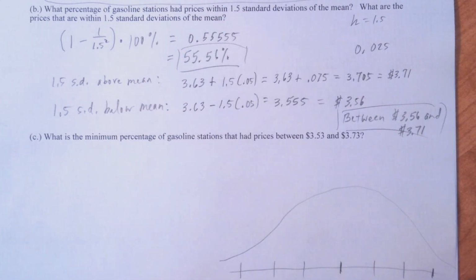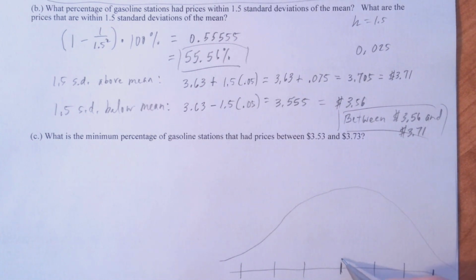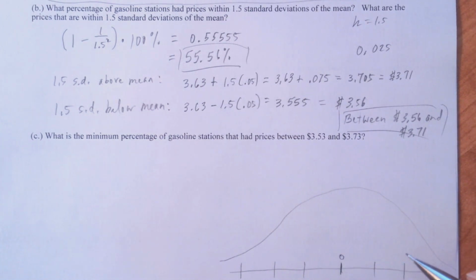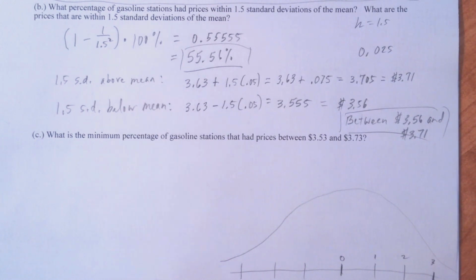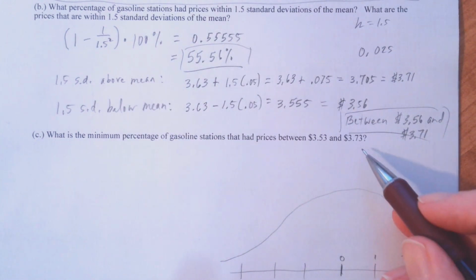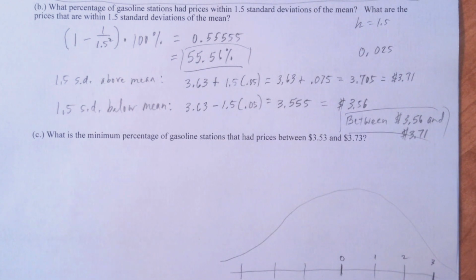So if we add 5 cents, we'll get 3.68. So this is basically at 0 standard deviations. This is 1, 2, and 3. So we'll add another 5 cents. We're at 3.73. And you can see that we got that one there. Let's go the other direction. If we subtract 5 cents, we get 3.58. And subtract 5 cents once again, and you get 3.53.